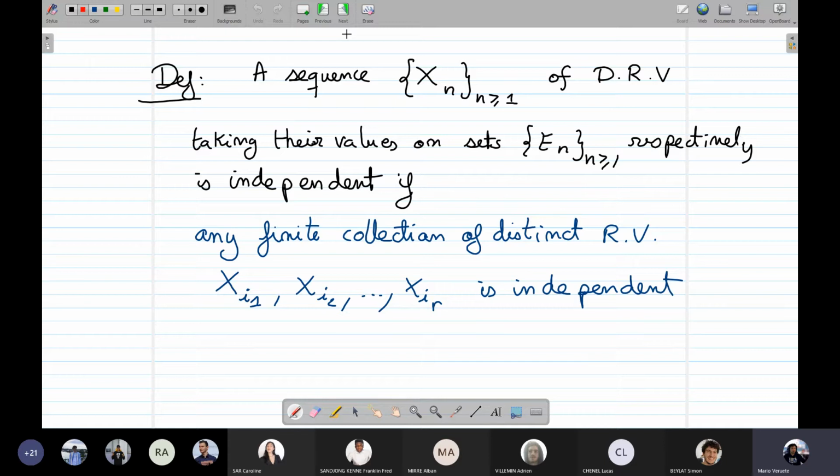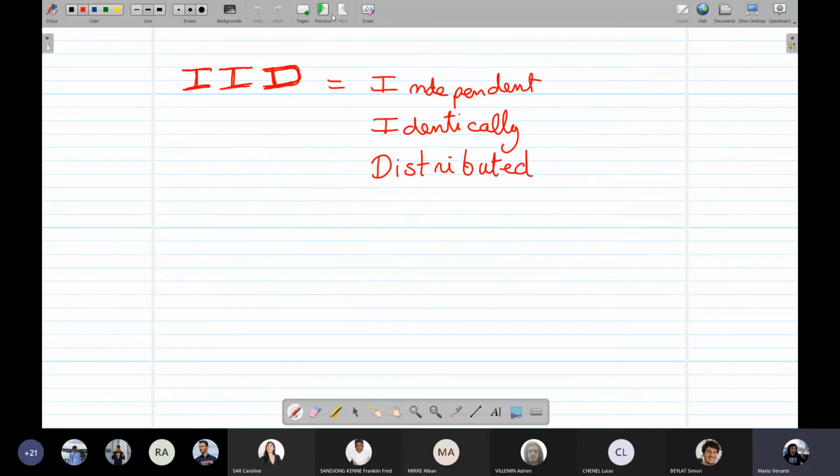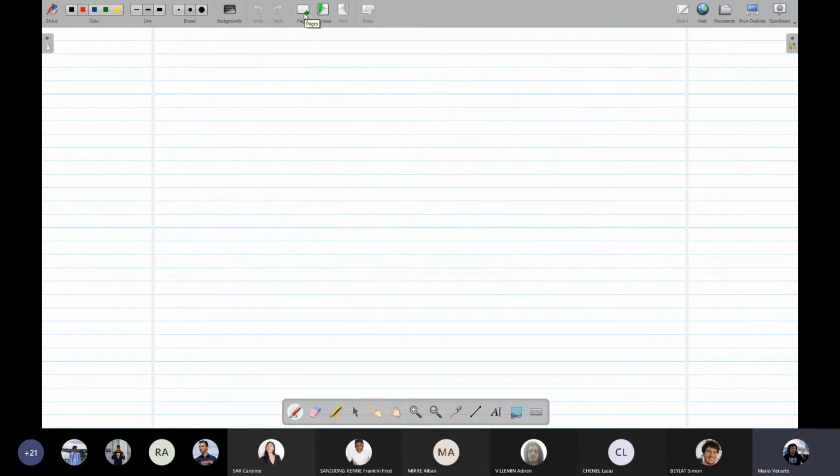I want to go directly to the types of random variables, and then we will come back to some examples, because all my examples use some particular random variable. Let's continue. IID. Any question?